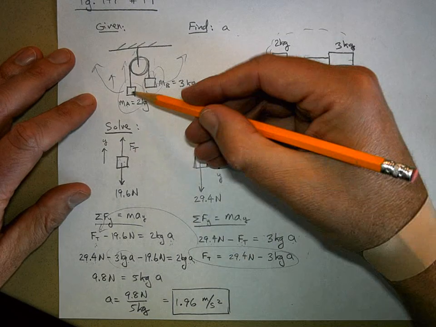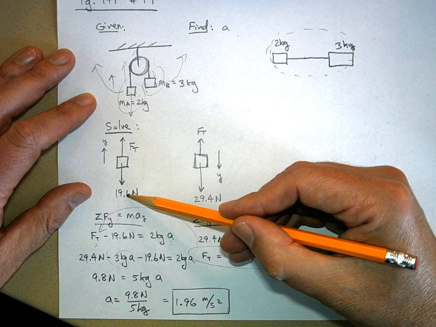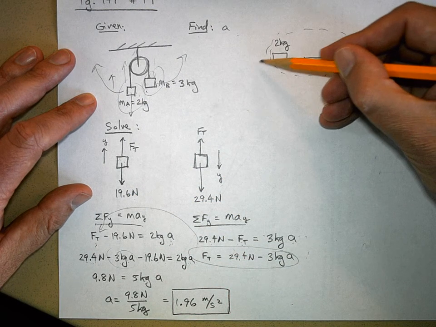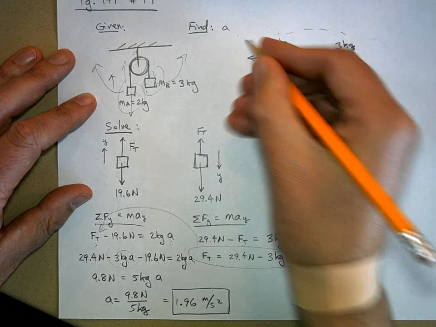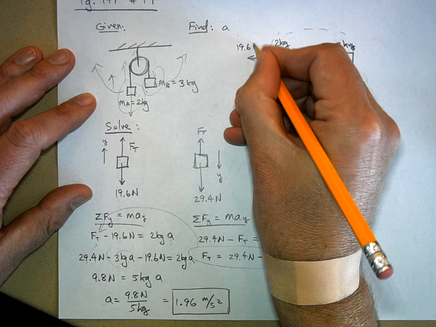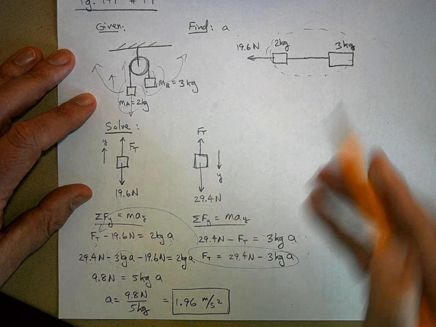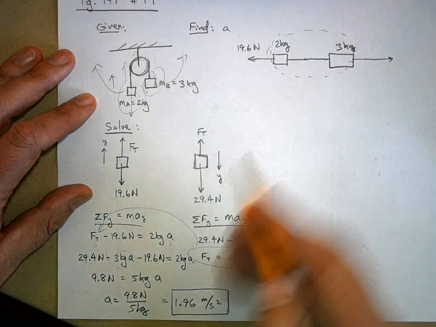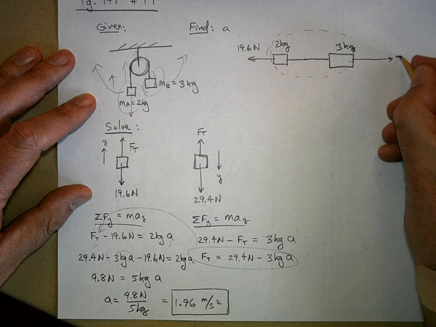So here, look, I had an mg down like this, right? This was my 19.6 newton force, but it was going down, but now I straightened it up. So this is going to be 19.6 newtons. And this right here, here's the weight, 29.4 newtons.